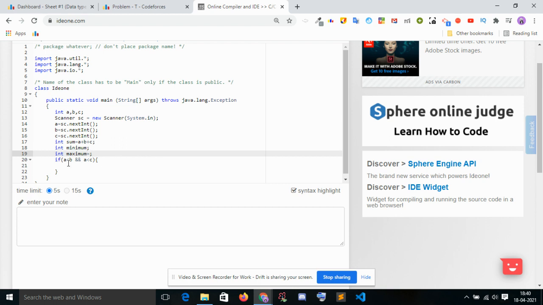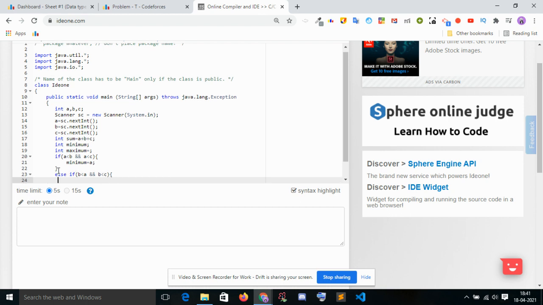If a is less than b and a is less than c, then minimum equals a. I'll do it in a very basic way; you can try it on your own. If b is less than a and b is less than c, then our minimum equals b.